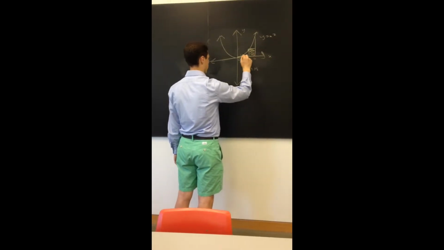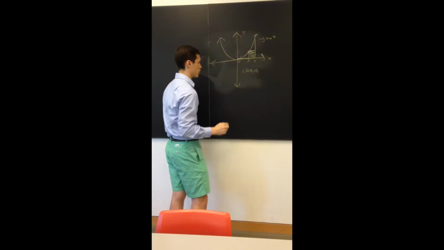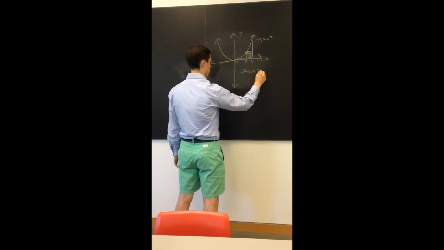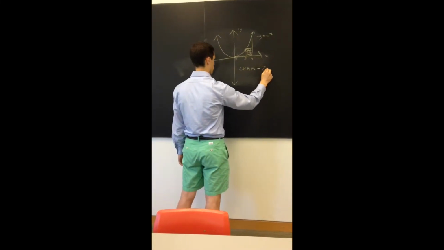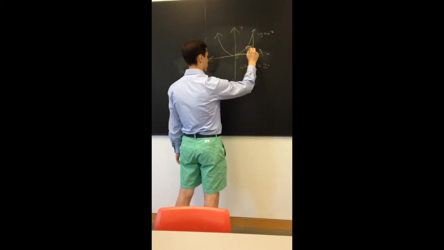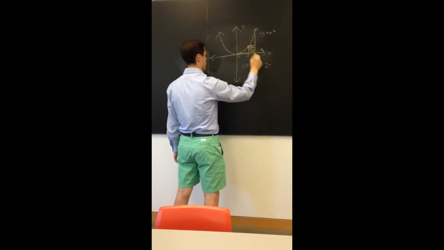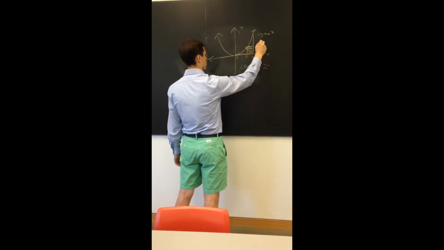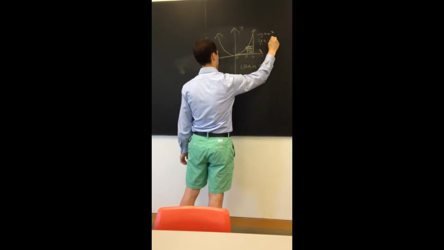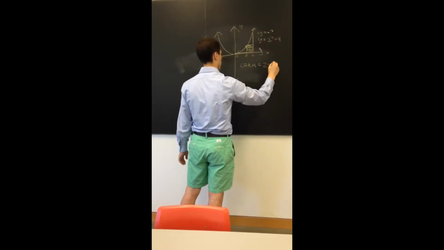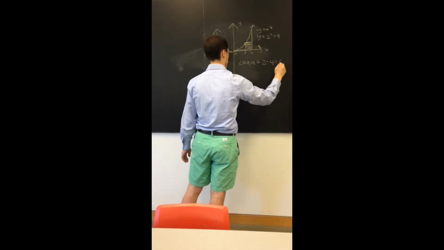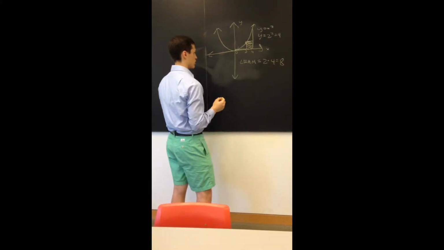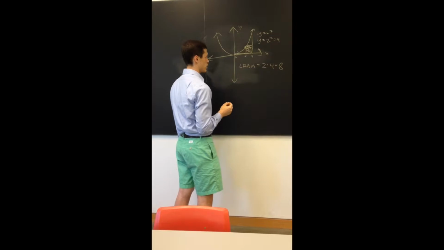So we have one rectangle here, and this rectangle will amount to 0. We have change in x, which is 2, times the height of this rectangle, which is y equals 2 squared, which is equal to 4. We know that the left-hand approximation of this curve is going to be 8 units squared.